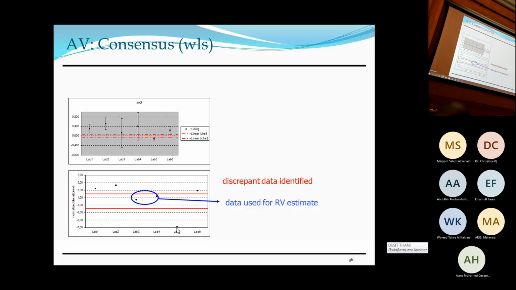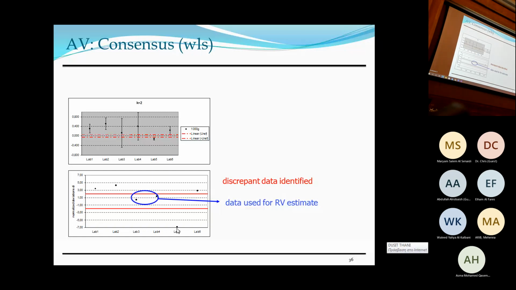So there's a bit of statistical analysis that someone has to do in order to decide which of these measurements are to be used in forming the assigned value by consensus. Okay?